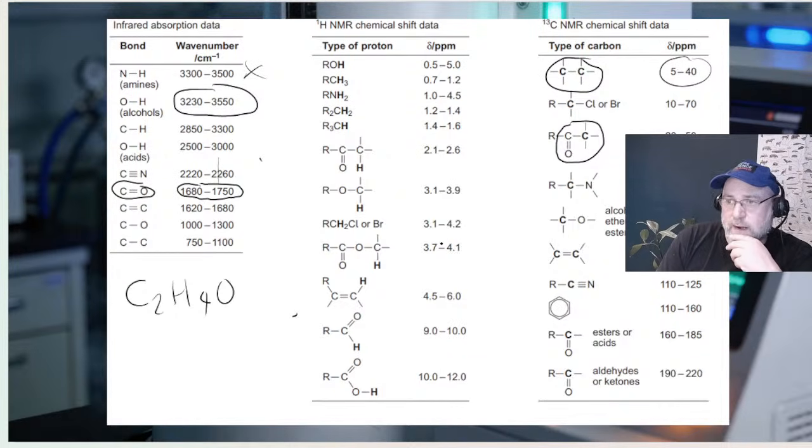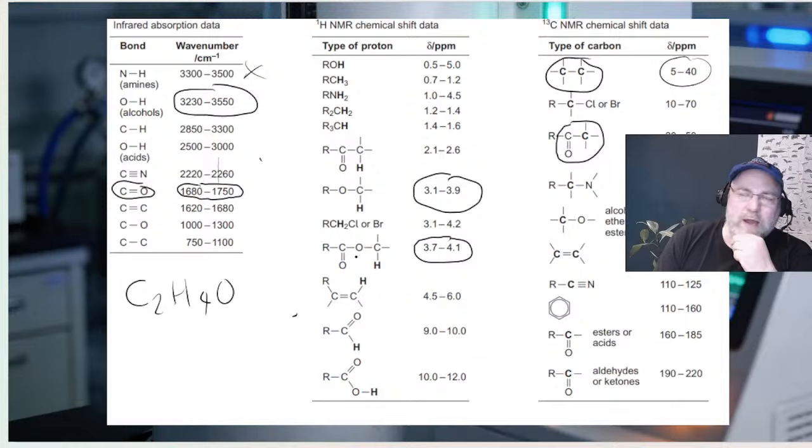Let's go to 3.9. 3.9 is going to be this one. We know we've got an alcohol and that, so I don't think we can have the ester link. Was it more than 3.9? I hope it weren't 3.91. It's 3.9, so that's probably telling me, oh, that is looking like an ester link, isn't it? What else?